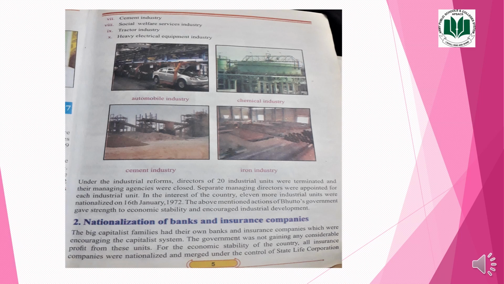In the interest of the country, 11 more industrial units were nationalized on 16 January 1972. All these actions of Bhutto's government gave strength to economic stability and encouraged industrial development.